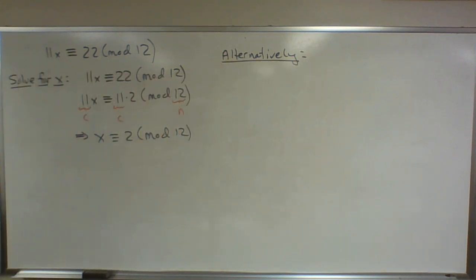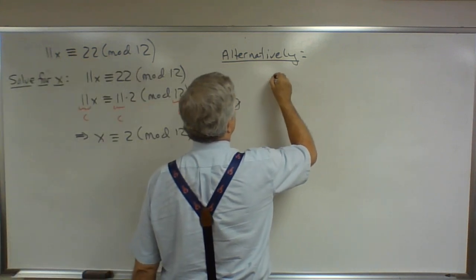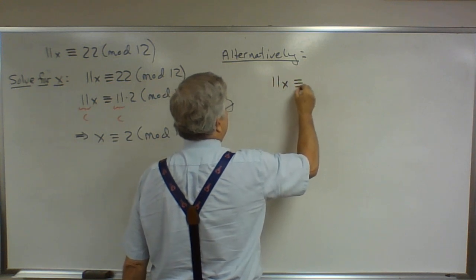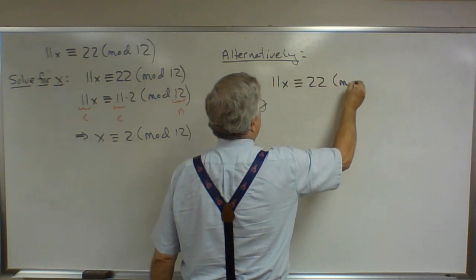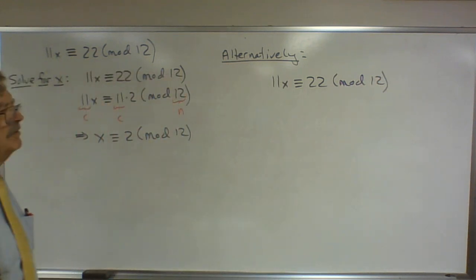Let's see, what do we have? 11x congruent to 22 mod 12, okay.